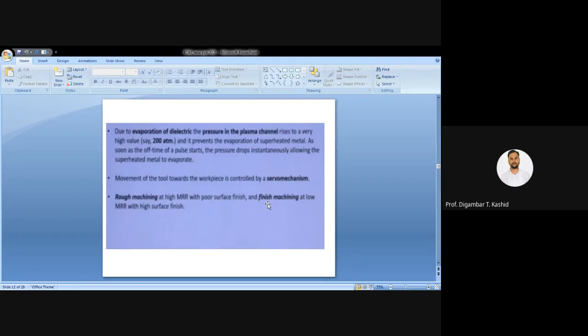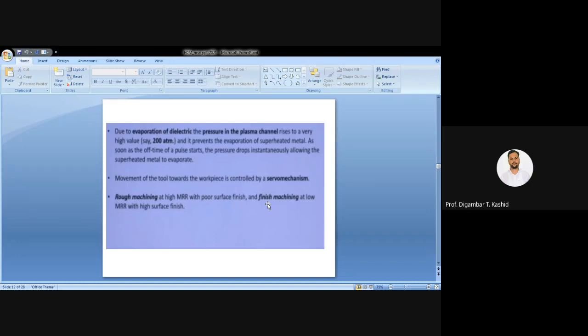Once again I am repeating that the movement of your tool towards the workpiece is controlled by the servo mechanism. Rough machining gives a very high metal removal rate with poor finishing, and finish machining gives a low material removal rate with high finishing.